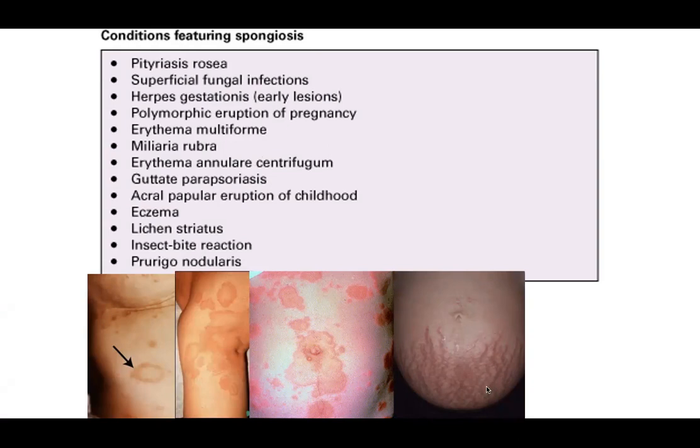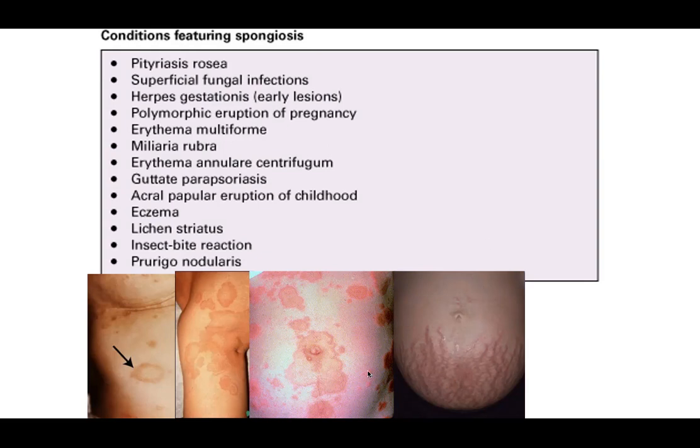And you could think about herpes gestationis, which is kind of in the central picture here, but can look very similar to polymorphic eruption of pregnancy, because you can have various stages of these papules. Usually with polymorphic eruption of pregnancy, you'll see more changes of just chronic pruritus around here, development of stria, just kind of chronic itching.